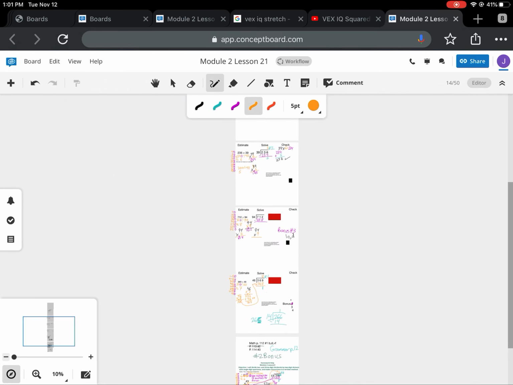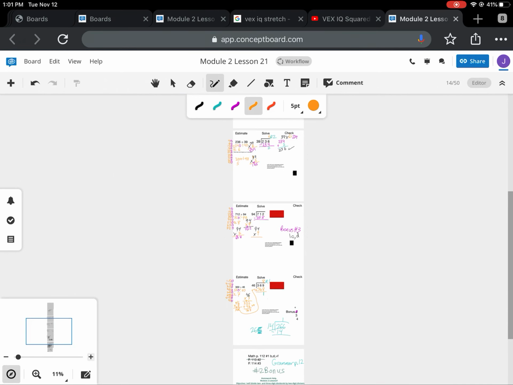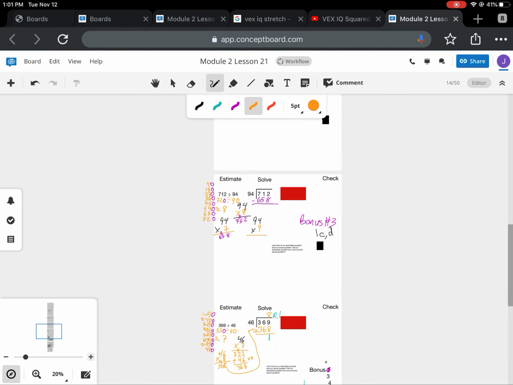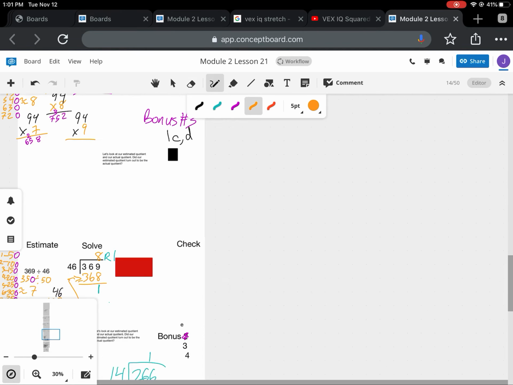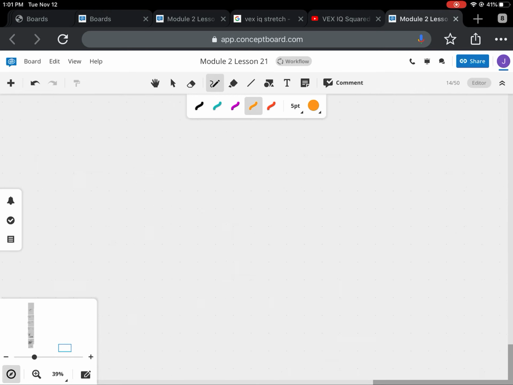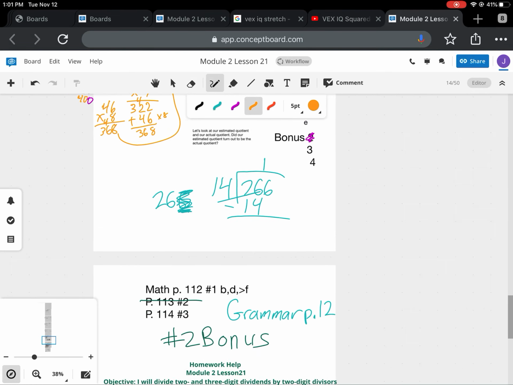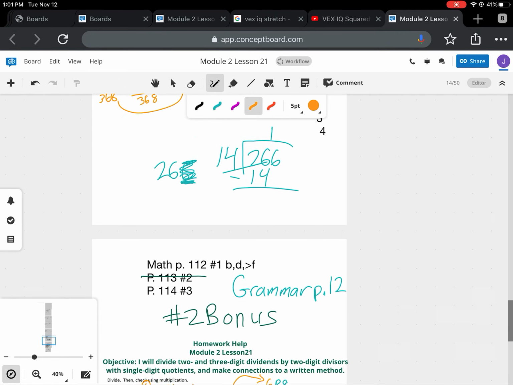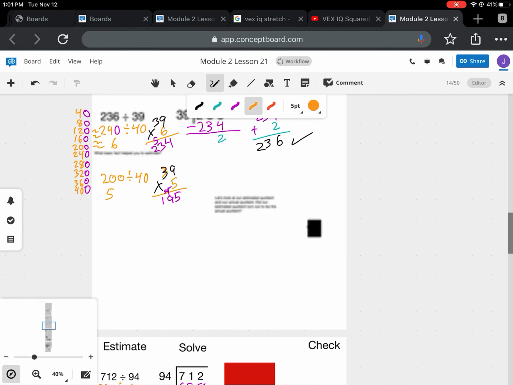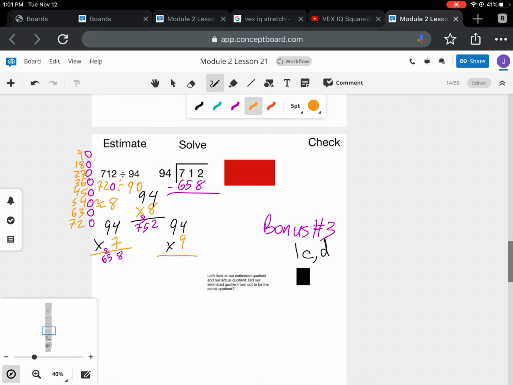Alright, so in this problem right here, our estimation was an 8.